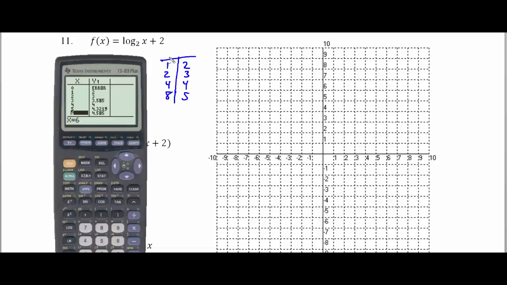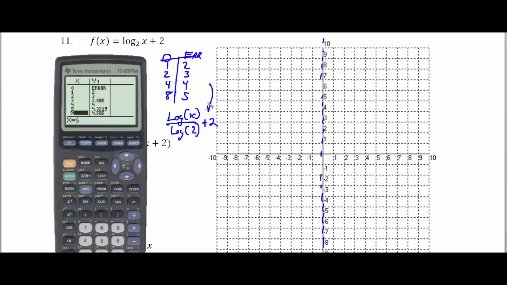Now one thing to note is that our 0 in this table was an error, and so that creates this asymptote line, this line that I cannot cross when I create my logarithm graph. And just as a reminder, the way that I typed this into the calculator was log of x divided by log of 2 plus 2.